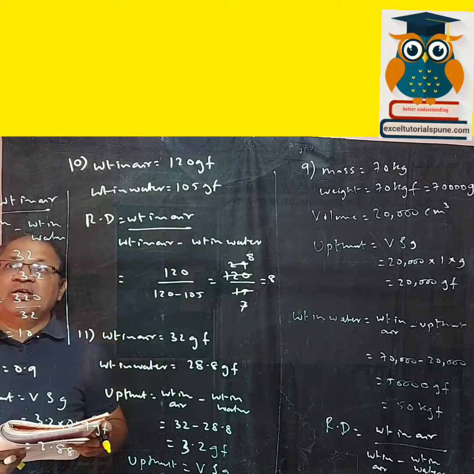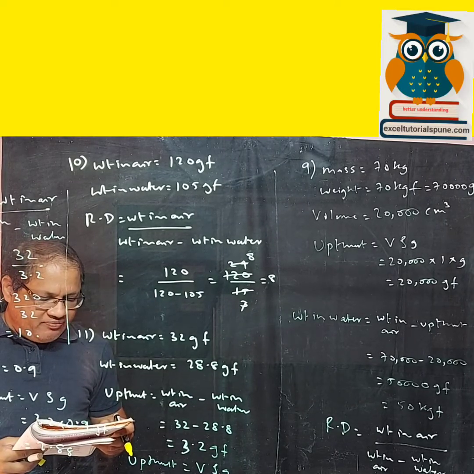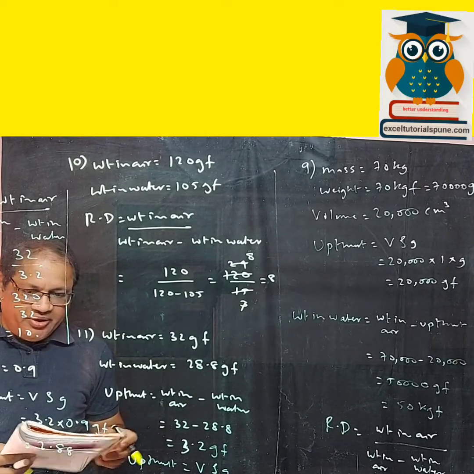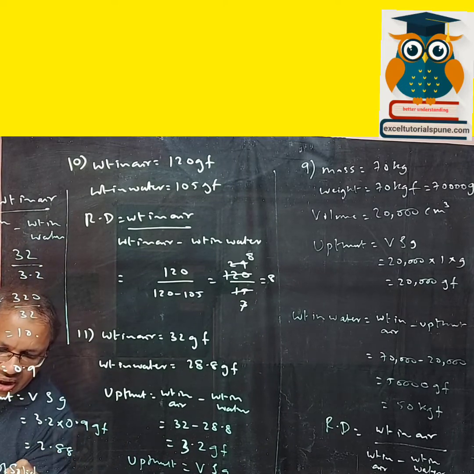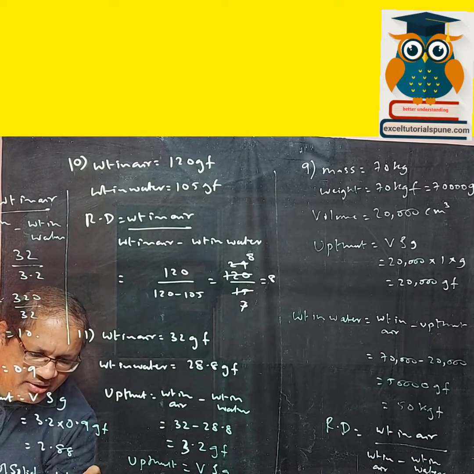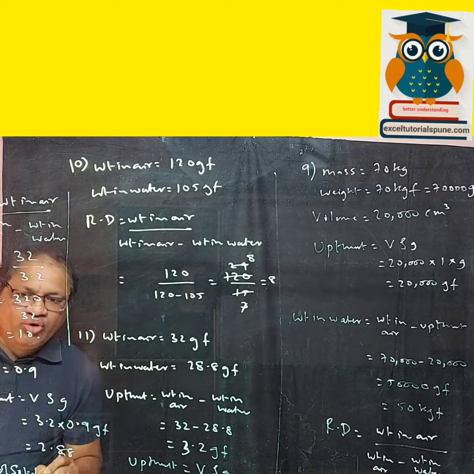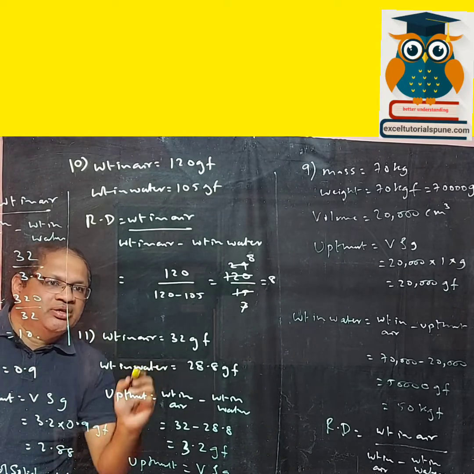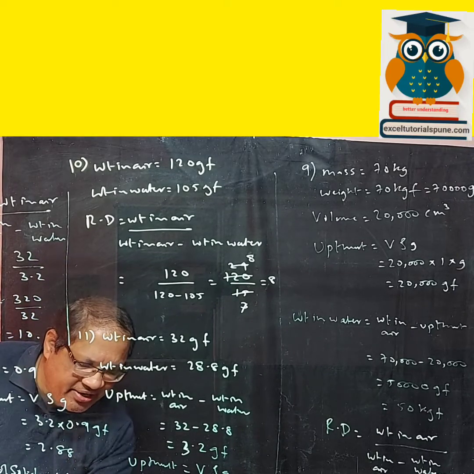So they are asking in the 11th sum the weight of the solid in liquid. So weight of solid in liquid is equal to weight in air minus upthrust. So weight in air is 32, upthrust is 2.88.